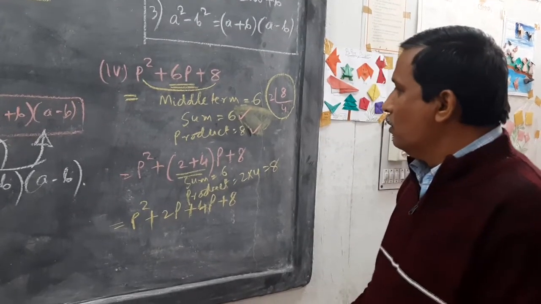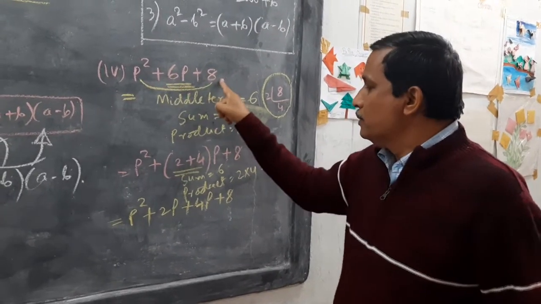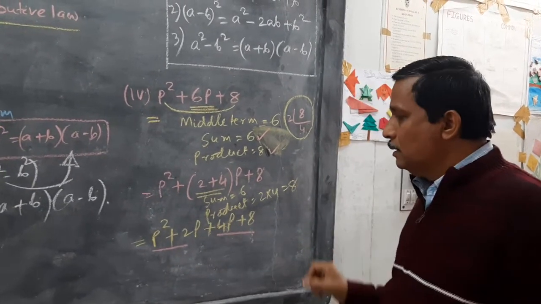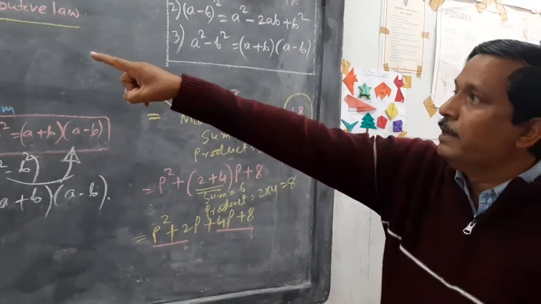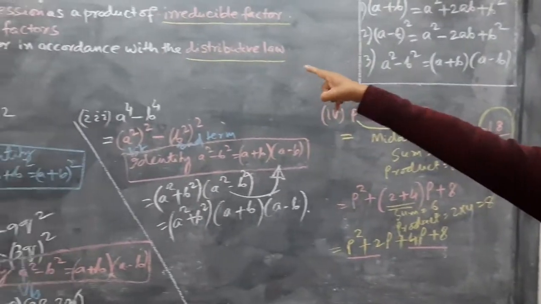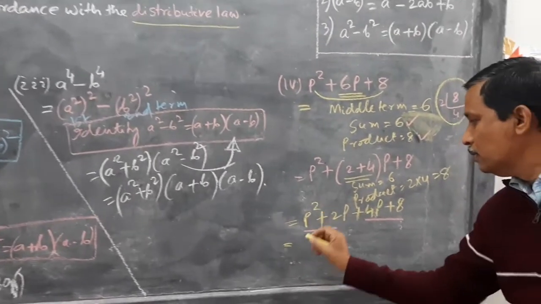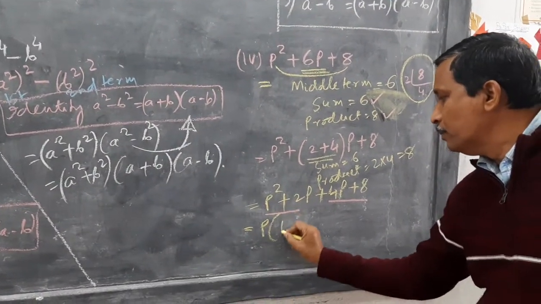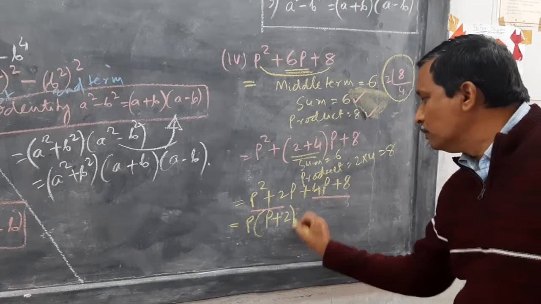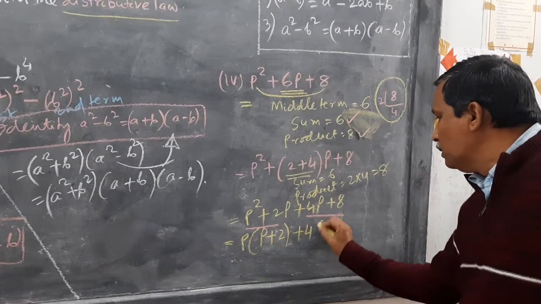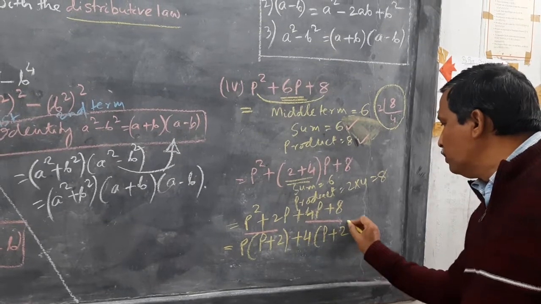Now, here it was 3 terms, now it is 4 terms. So you take pairs, combining according to the distributive law. Here you take p common, so p into (p plus 2). Then here you take common 4, so 4 into (p plus 2), since 4 times 2 is 8.